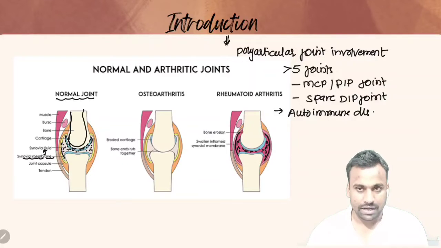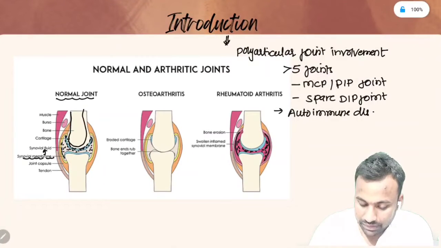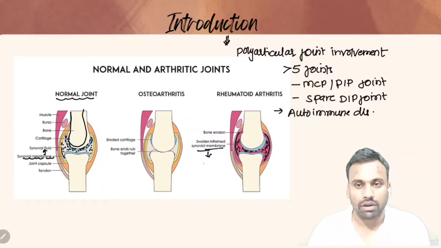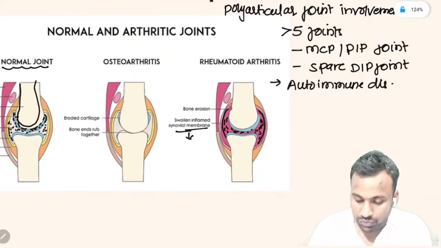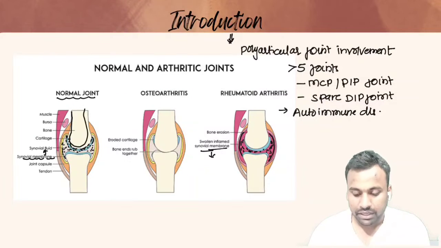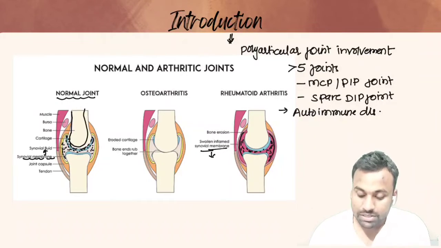But the problem is that this synovial membrane becomes inflamed, because of autoimmunity, where antibody is formed against the synovial membrane, which attacks it and leads to several clinical features.